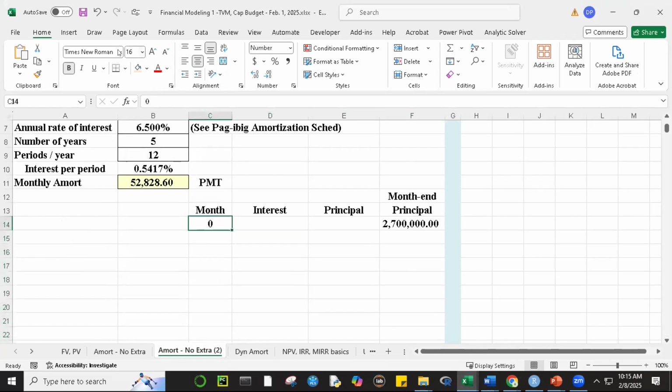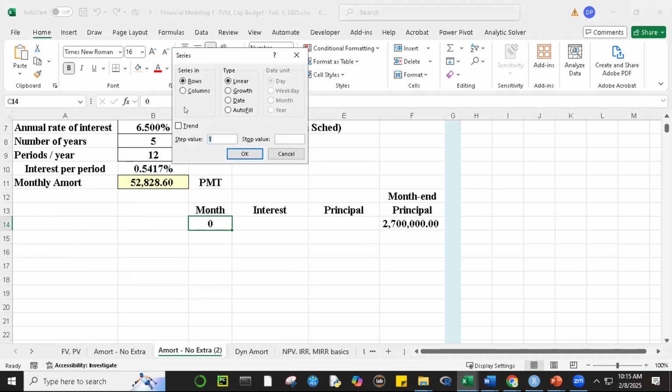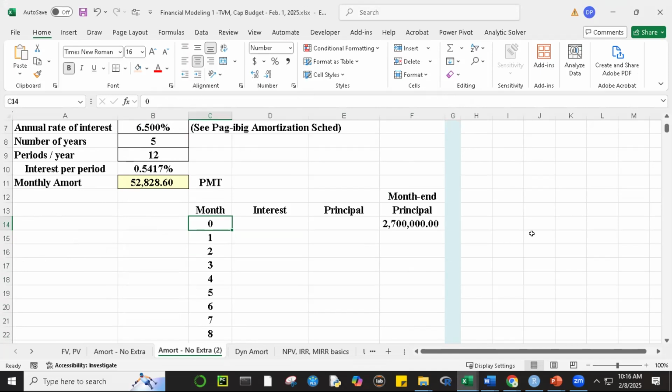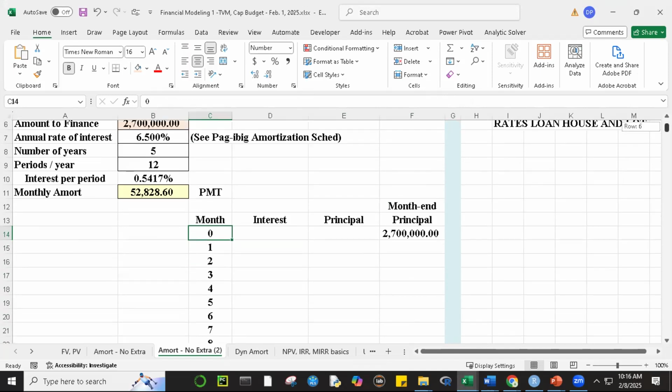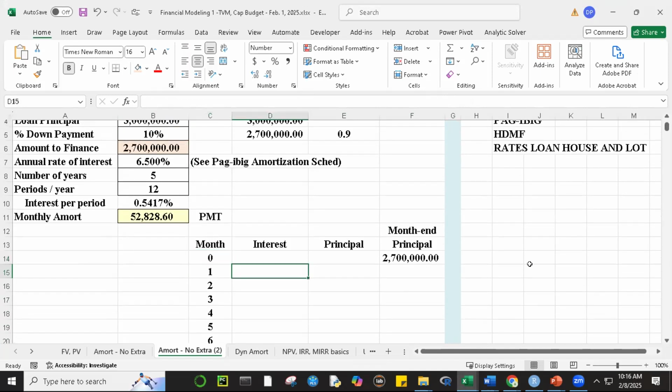So let's apply this. Series fill. Anyway, it's just 5 times 12, so that's 60. Rows 1 up to 60. Okay, so this will be up to 60. Then let's compare the interest rate.